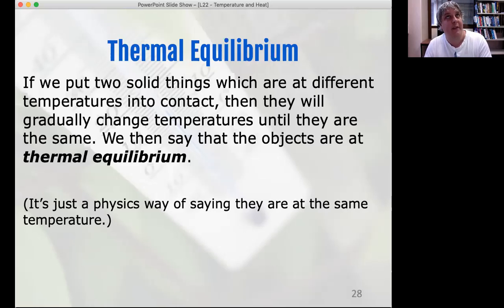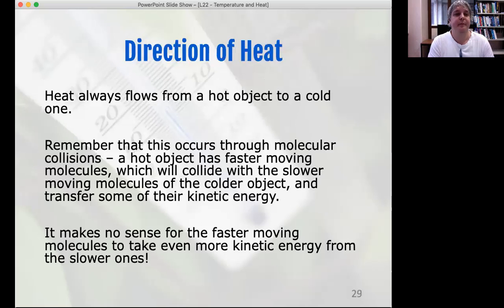We'll talk about that a bit more in the next lesson, I believe, when we talk about thermal conduction. If you've all experienced this, you put something warm into a fridge, for example, it will cool down, it will become the temperature of the environment that it is in. When they reach that same temperature, we just say they're at thermal equilibrium. So it's a physics way of saying that two objects are at the same temperature. That's all it actually means.